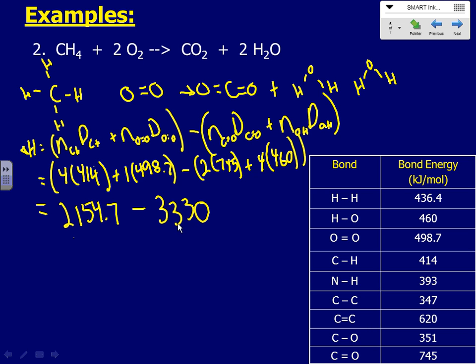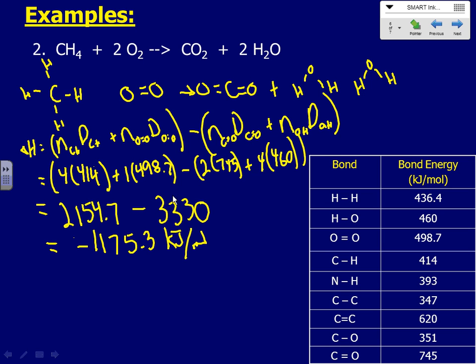Notice in this case, more energy from the bonds formed than from the bonds broken. That means we're going to get a negative number, and that is going to be minus, equals. So we end up with negative 1175.3, and again, kilojoules per mole.